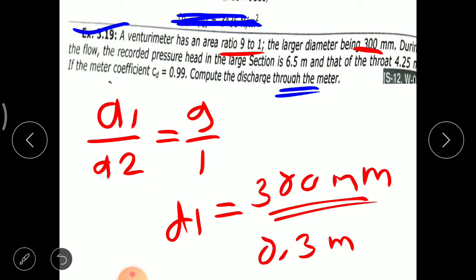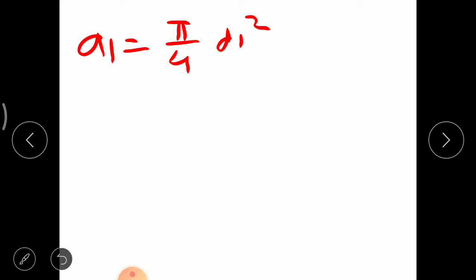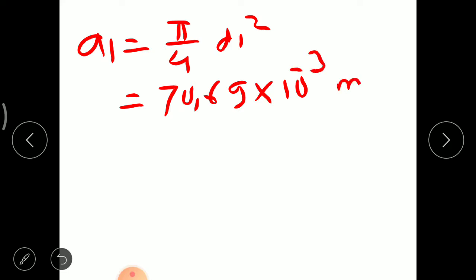By using this diameter we can determine the value of A1. A1 is equal to pi by 4 D1 square, which is equal to 70.69 into 10 raised to minus 3 meter square. This is the value of A1.